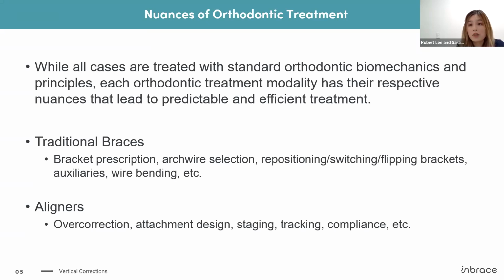For traditional braces, we spend most of our residency following our faculty, trying to learn their bracket prescriptions, their wire sequences, and all of their tips, tricks, and pearls with repositioning or flipping brackets. And then there are hours upon hours of aligner courses that go over overcorrections, attachment designs, staging, tracking, and compliance. So there are lots of hours of courses out there for these different nuances.